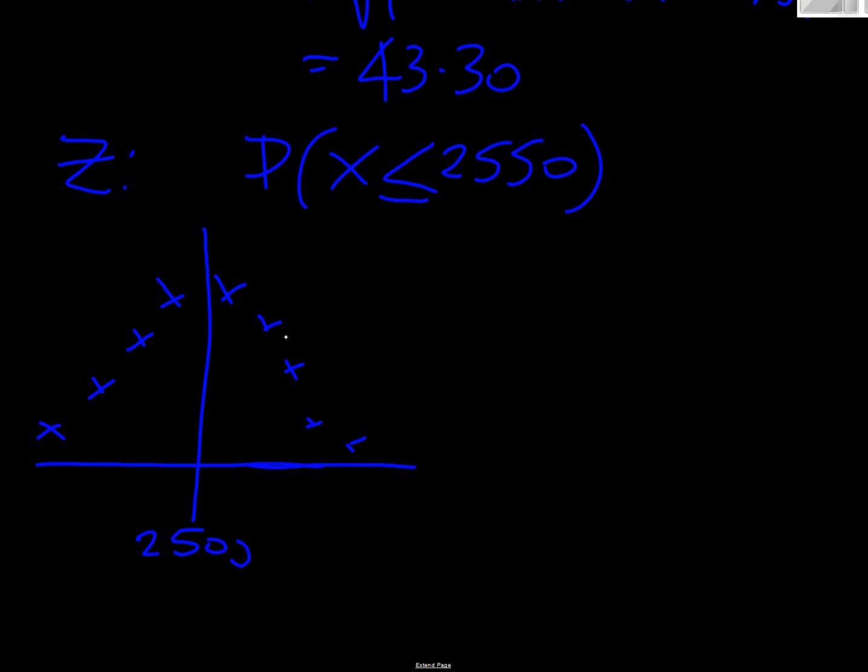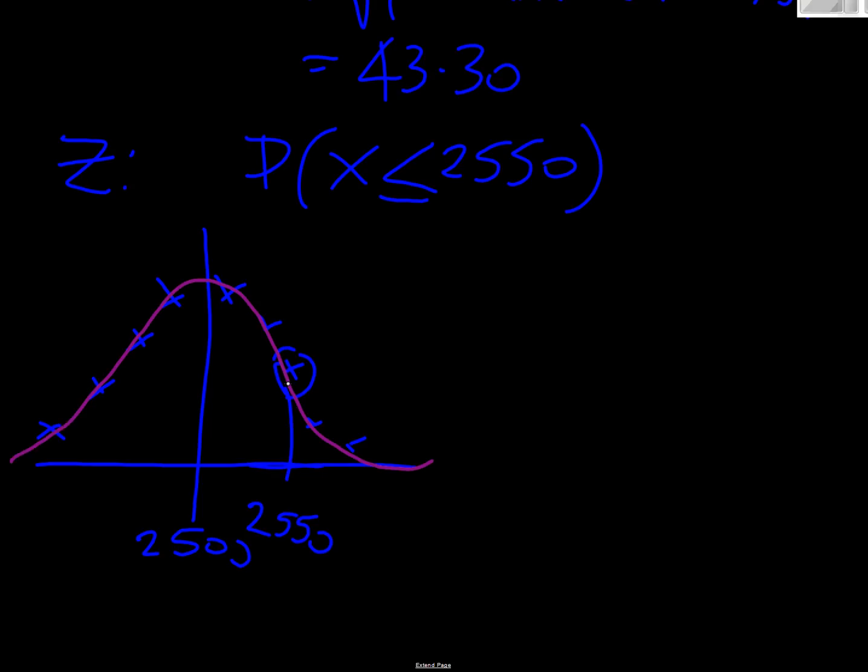What they're asking us to find is a probability, and that probability on the binomial would be, let's take that one and say that that point there is our 2,550. But actually we're simulating it with a normal distribution.